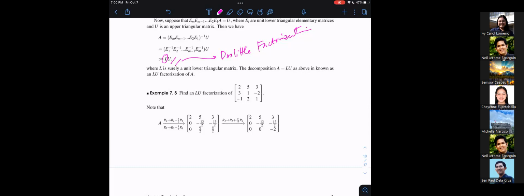Ang machine learning doon ay paano natin mas matuturuan si computer o si black box na kunin yung characteristics ng data, pero in order to do so, kailangan marunong siya mag-LU factorization. Kasi magsosolve siya ng isang linear system ng paulit-ulit, a linear system with different right-hand sides. So, tool pa lang tong LU factorization sa posibleng maging machine learning algorithm.